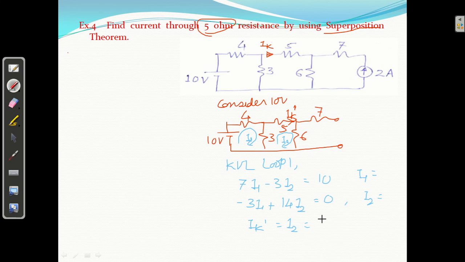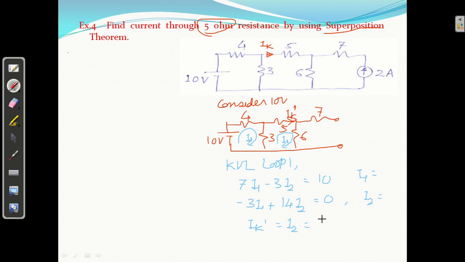So press mode, equation 1, unknown 2. A1 equal to 7, B1 equal to minus 3, C1 equal to 10, A2 equal to minus 3, B2 equal to 14, C2 equal to 0.